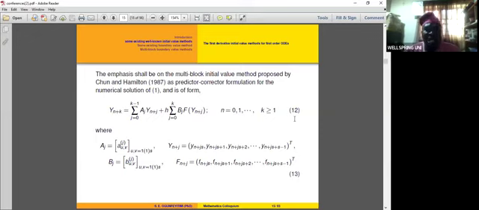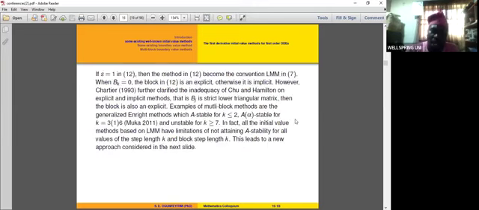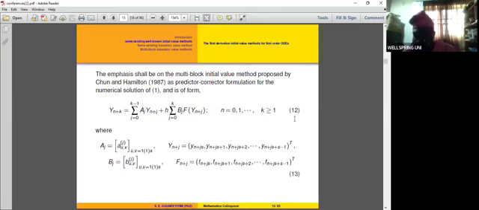Hamilton, who developed the multi-block initial value method as a form of predictor-corrector, given in equation 12, where the coefficients aj and bj, the solution values y(n+j) and the function values f(n+j) are given in equation 13. From equation 12, when we set s equals 1, it gives us the conventional linear multistep method back.